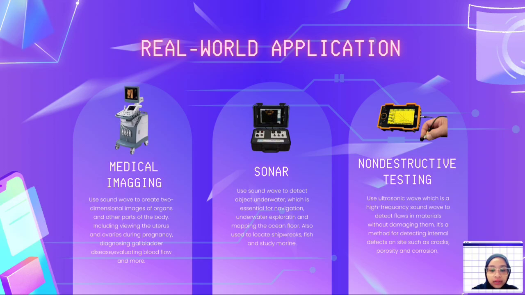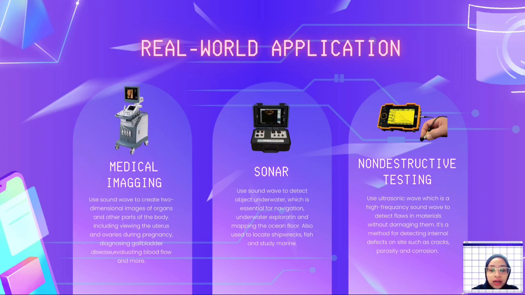Next, sonar. Sonar uses sound waves to detect objects underwater, which is essential for navigation, underwater exploring, and mapping the ocean floor. It is also used to locate shipwrecks, fish, and study marine life. Lastly, the non-destructive testing machine.